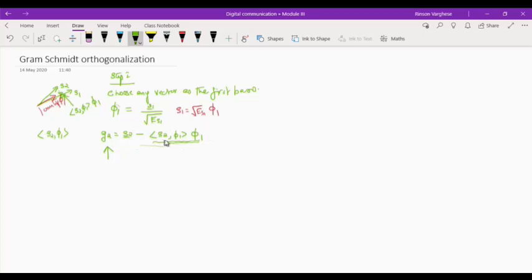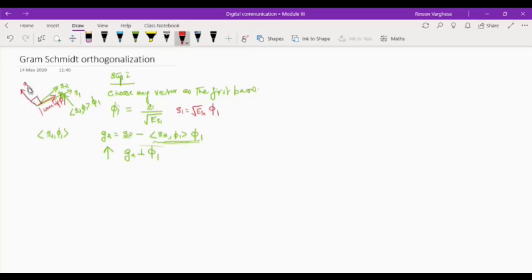From S2 I have subtracted that contribution and generated a new vector G2, and this G2 will not have any contribution of phi1 because I have already subtracted that from S2. Which means that G2 and phi1 are now orthogonal. Orthogonal means it will be something like this, G2 at 90 degrees.